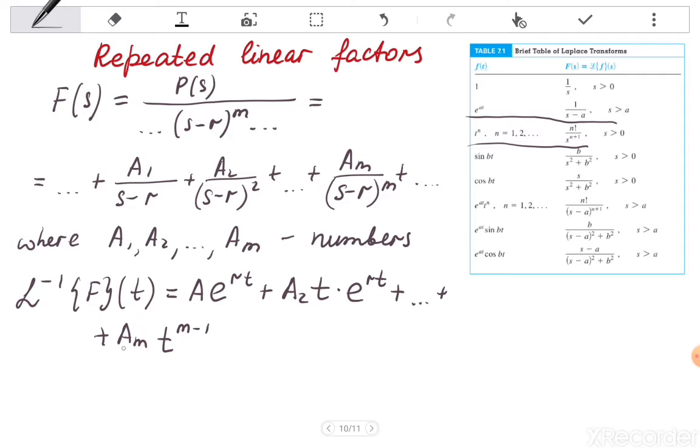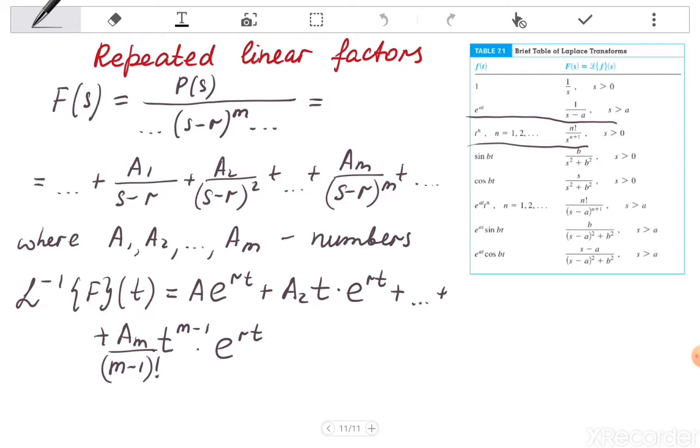N is m minus 1, so we have to divide by (m minus 1) factorial, and multiply by the term corresponding to the displacement by r, e to the rt. We can check that if you find the Laplace transform of this term, you get exactly am over (s minus r) to the power m.